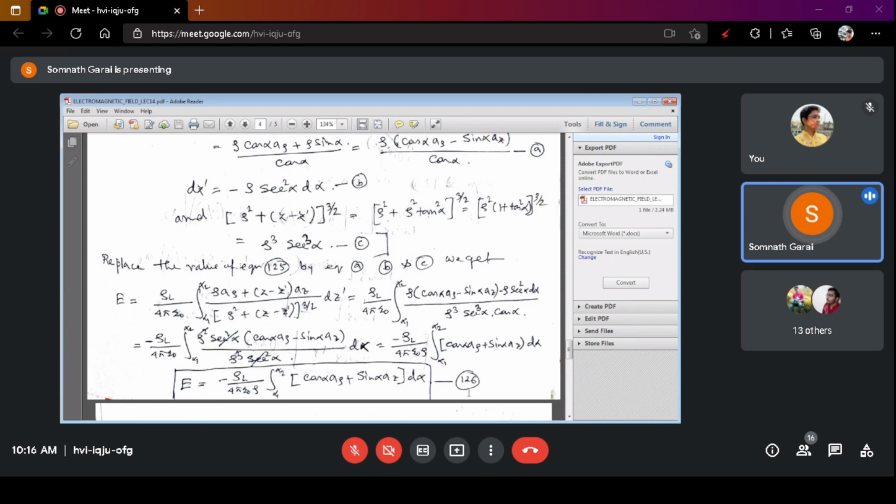Equation number 1.26 basically represents the electric field intensity at an arbitrary point P with respect to a line charge which is situated in the z direction from A to B. Okay, got my point? Clear? Clear to all?